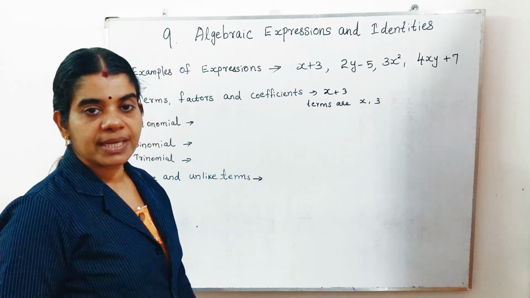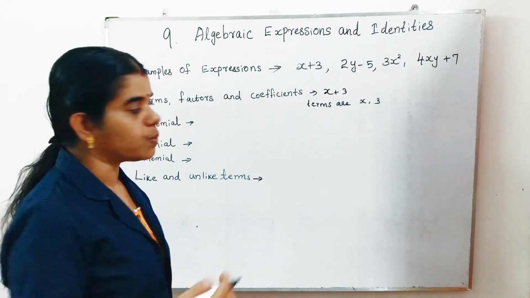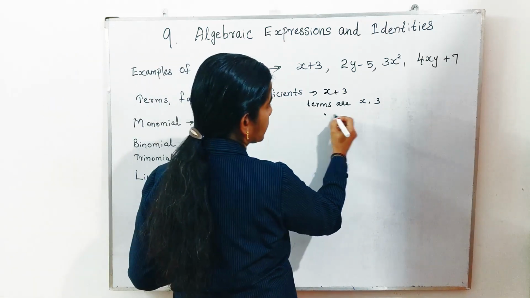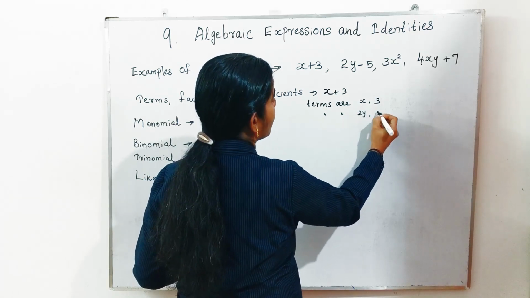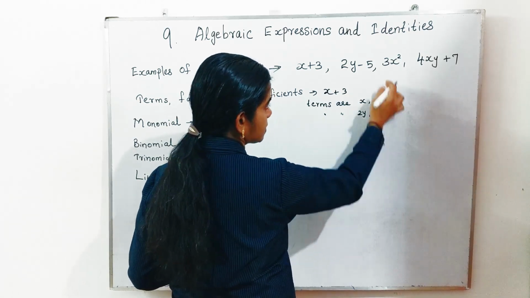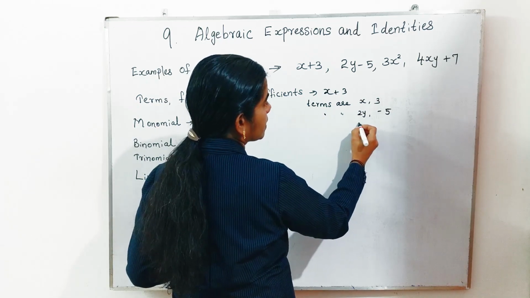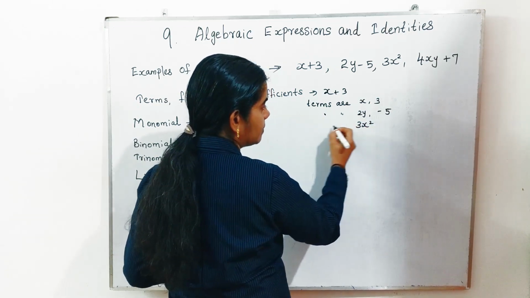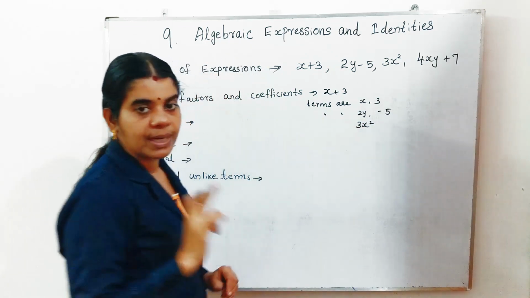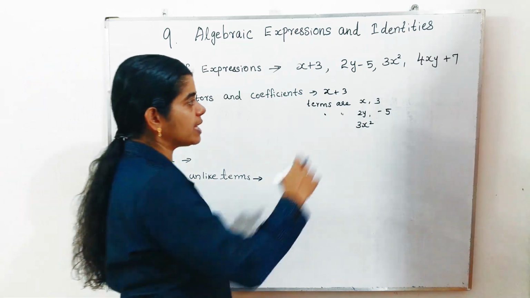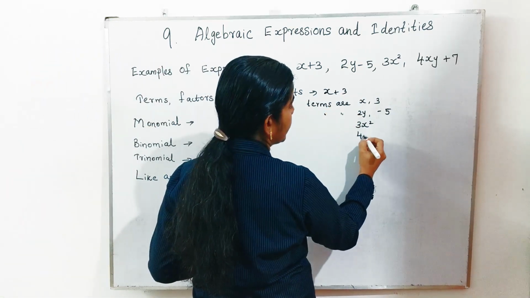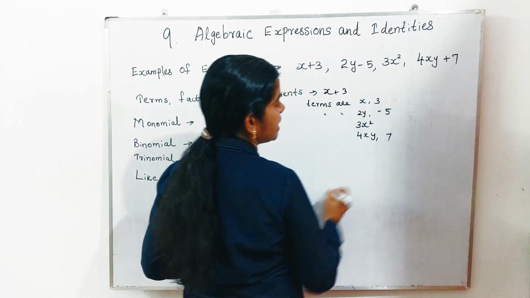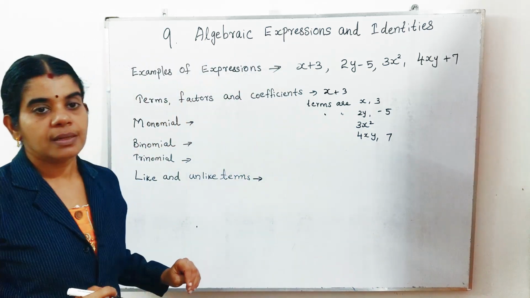Then in 2y minus 5, how many terms are there? The terms are 2y, minus 5. In 3x square there is only one term, 3x square. Then in 4xy plus 7, 4xy and 7 are the terms.